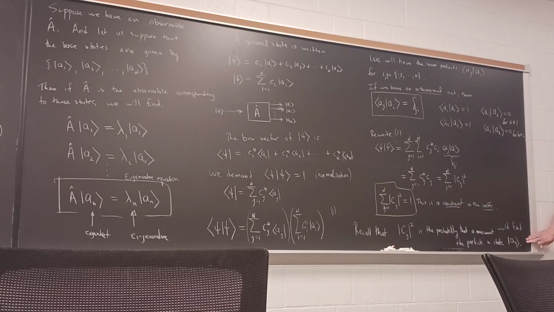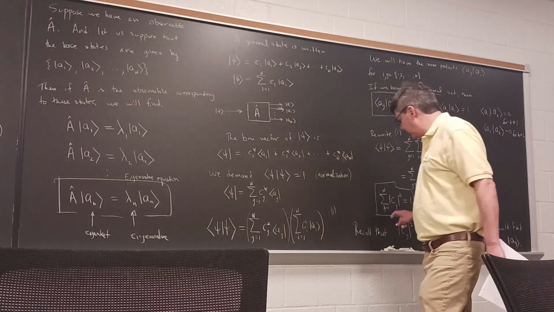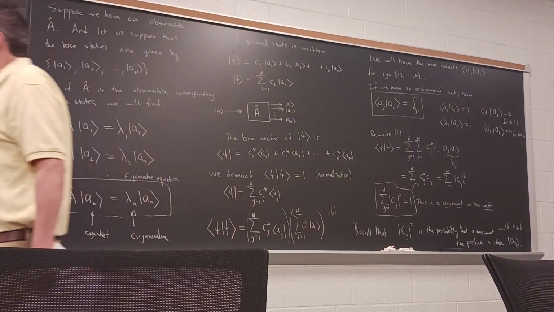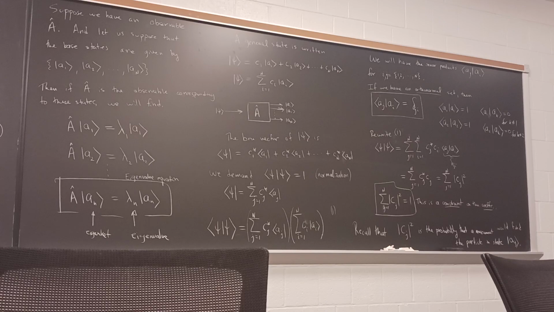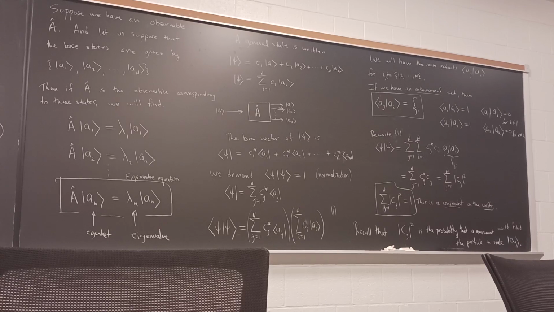Remember that from before? Okay, so this sum is just the sum of the probabilities. And the sum of the probabilities must always be 1.